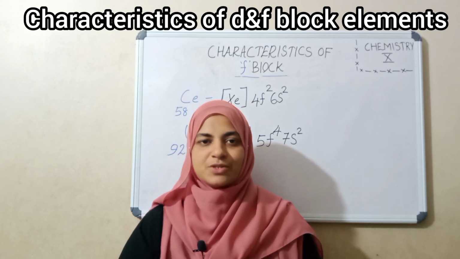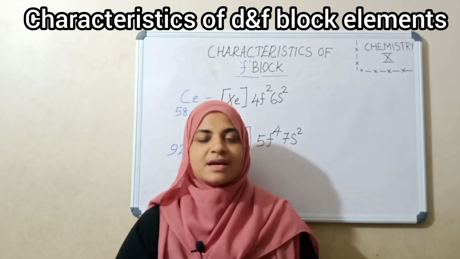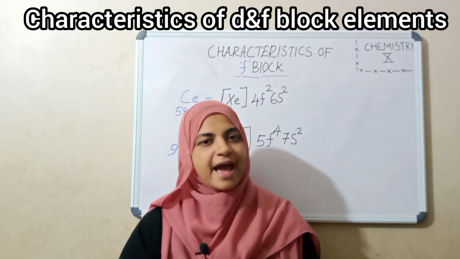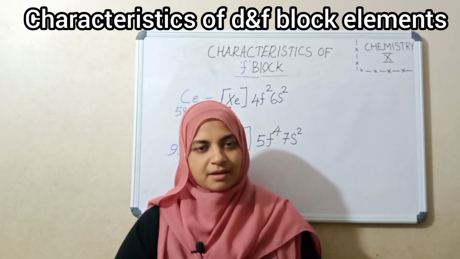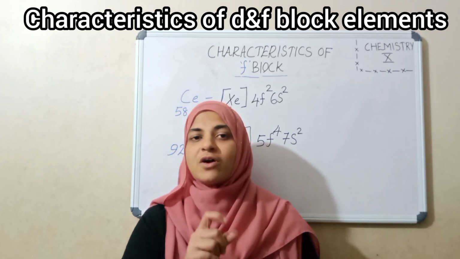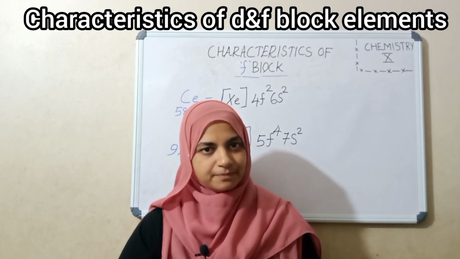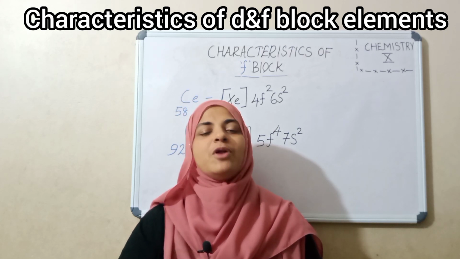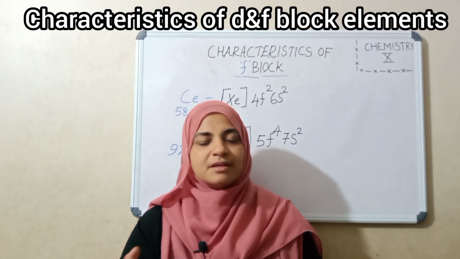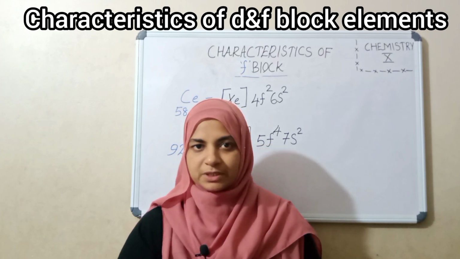The first row is known as lanthanoids, the second row is known as actinoids. Each row consists of 14 elements. In f block elements, the last electron is filled in the f subshell.